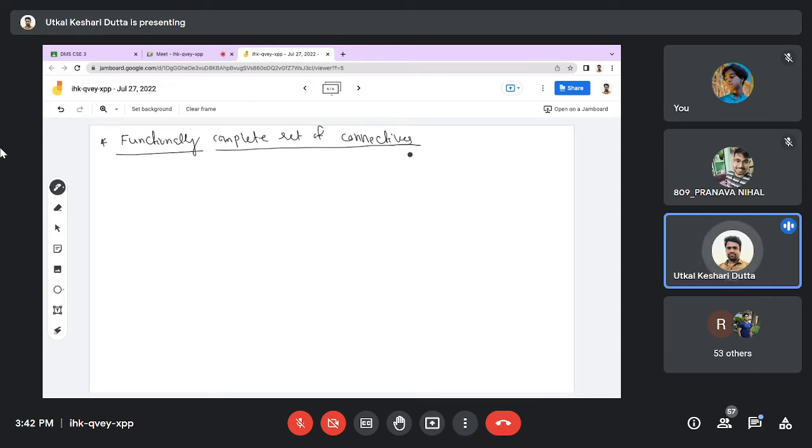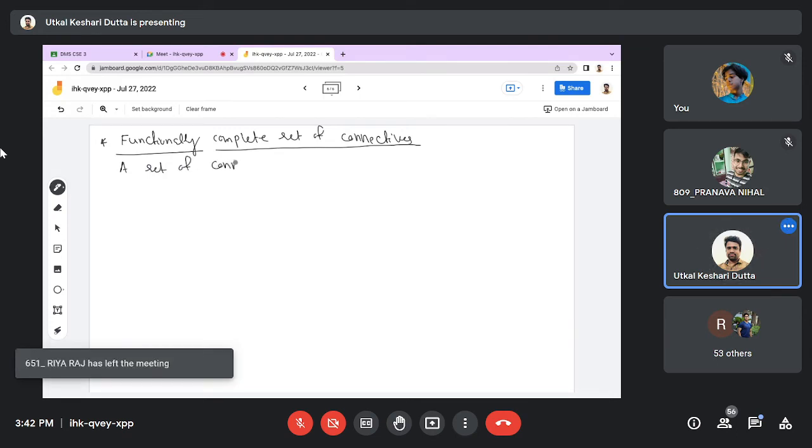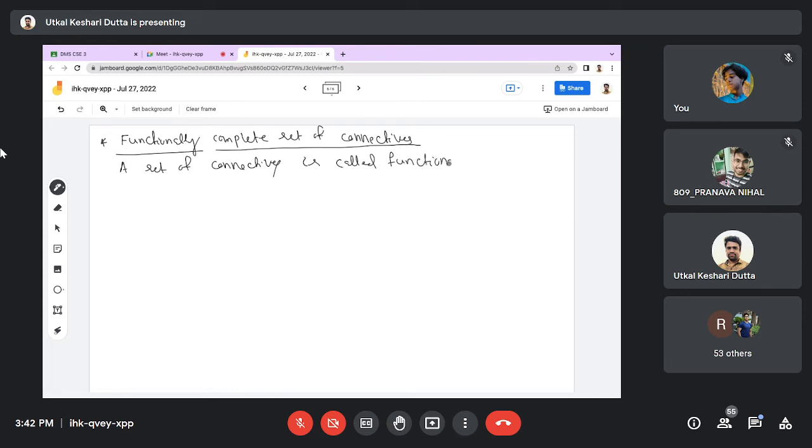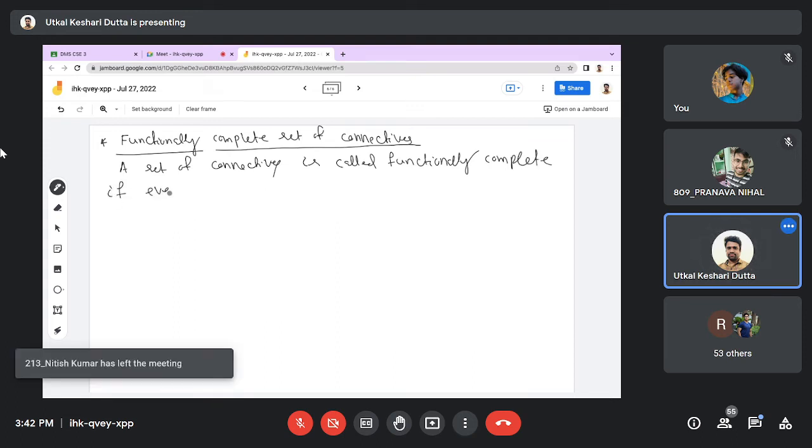What are the conditions that we'll see? A set of connectives is said to be functionally complete if there is a condition. See, we take every compound proposition.